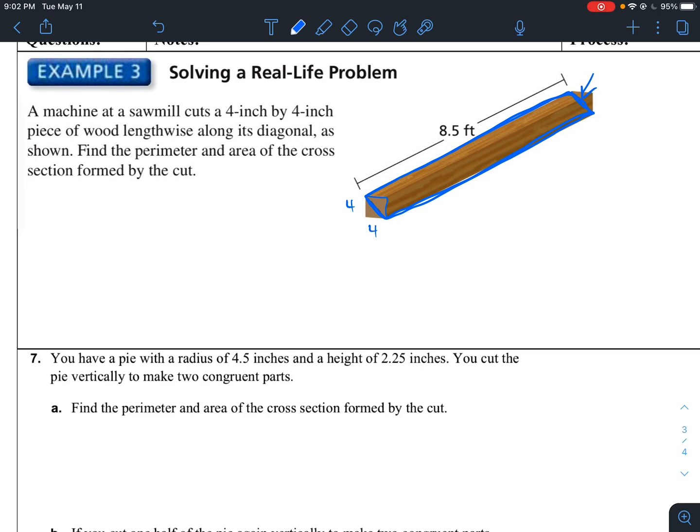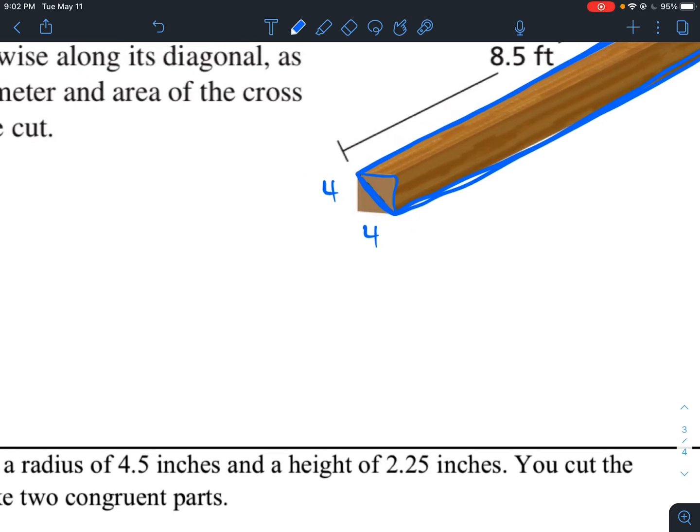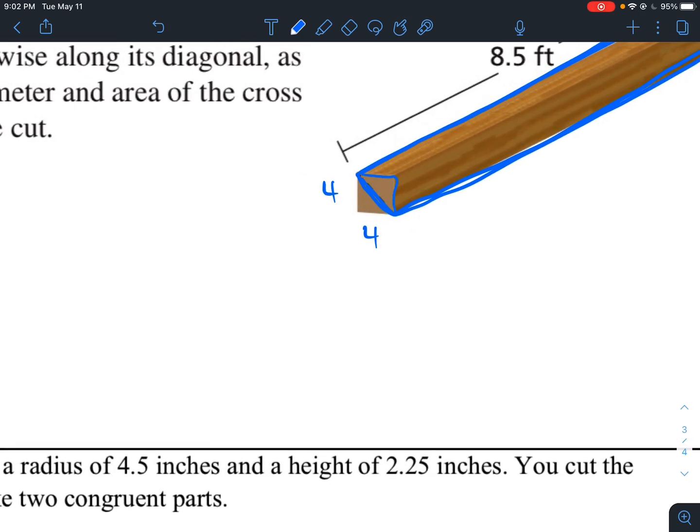Because it's a 4x4 piece of wood, that means that this wood, when it's cut, is a right triangle. So these are right angles right here, and since this is a right triangle, if you guys remember, as we learned back in chapter 9, this creates a special triangle, so the side lengths are the same.